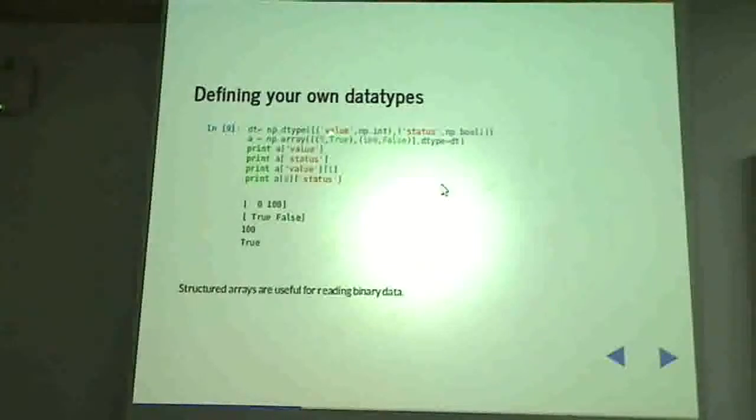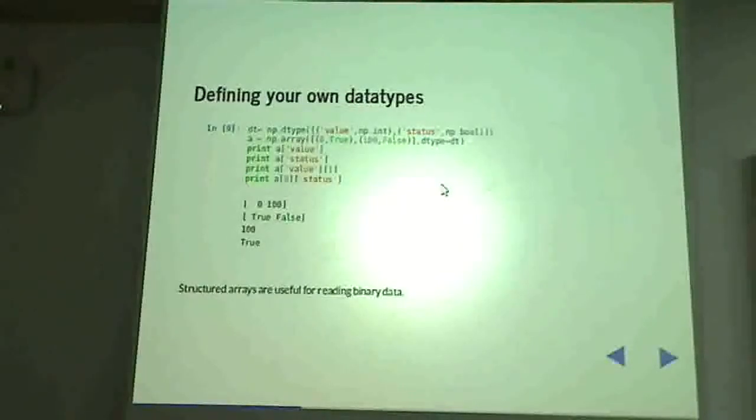Okay. So what you do first is you define an object dt and you say it's an np.dtype, and it has two variables. One is called value, one is called status. The value variable has a data type of integer, and the status variable has a data type of boolean. Okay, and then you can give it a equals np.array and give it integer, boolean, and so on. Supply it a list. Within the list there is a tuple, and that tuple corresponds to every element of that structure.